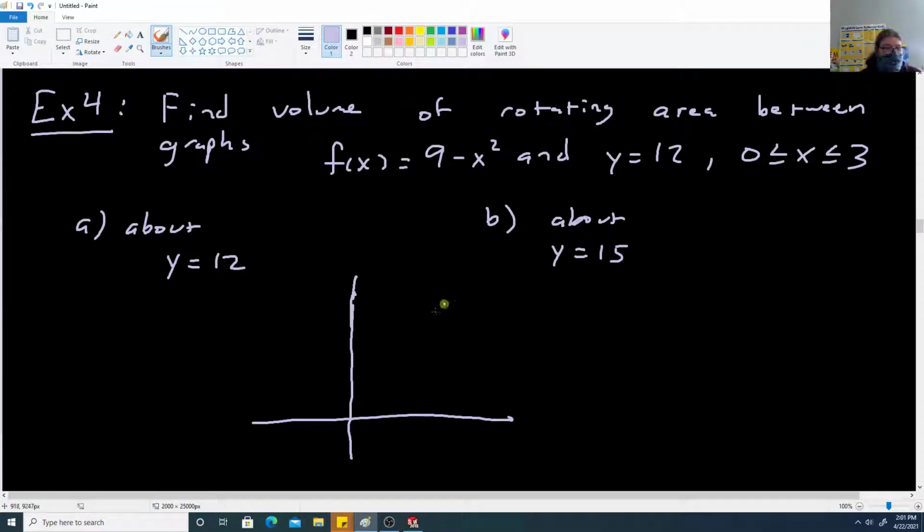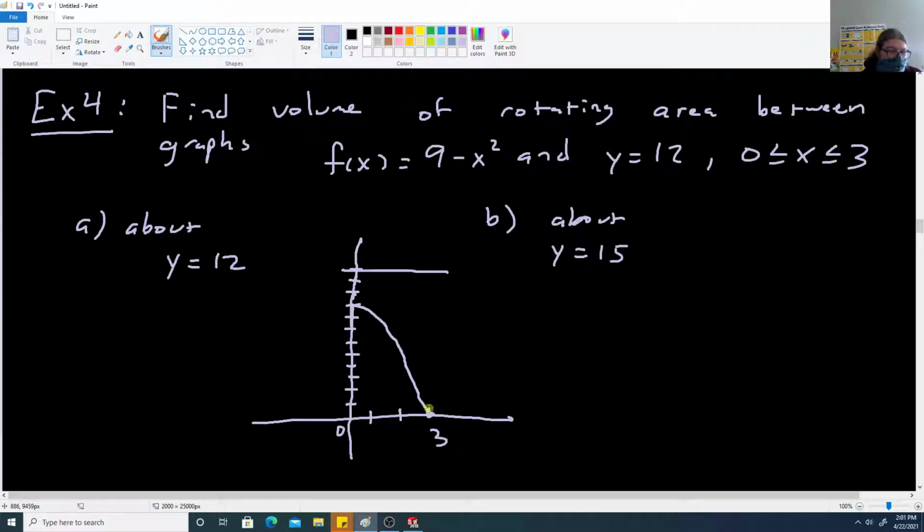We're only doing 0 to 3, so from 0, 1, 2, 3. 9 minus x squared will be a parabola that has a y-intercept of 9, and it will come down and have an x-intercept of 3. The line y equals 12 will just be a straight line across like that.